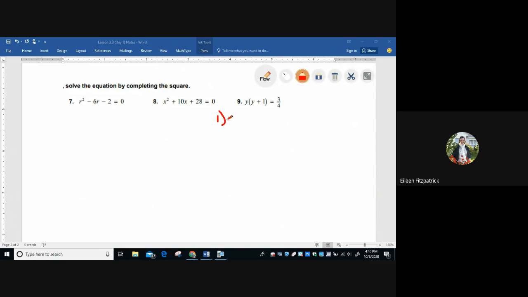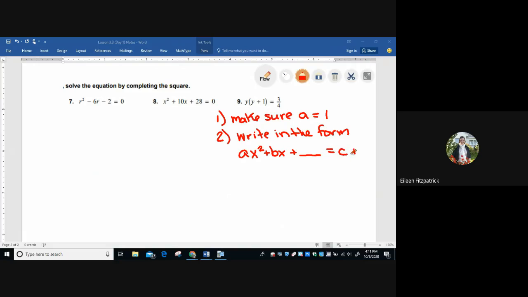The first step is you're going to make sure A equals 1. And I'll show you what to do if A does not equal 1 as we get into problems where we see that. Then we want to write in the form ax squared plus bx plus blank equals c plus blank.